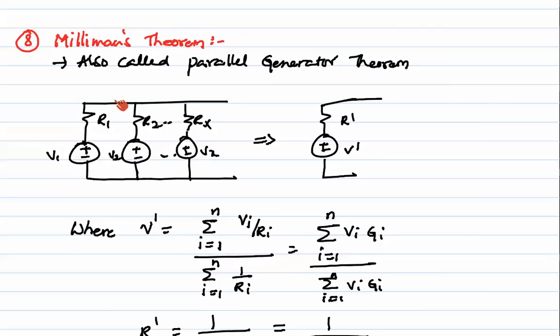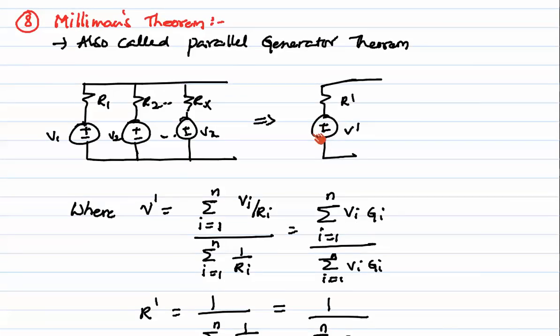Okay, next, Millman's theorem. Millman's theorem is also called the parallel generator theorem, which states that a number of voltage sources in series with resistances connected in parallel can be represented as a single voltage source in series with a resistance. So here V dash is the equivalent value: V dash is equal to sigma i equal to 1 to n Vi by Ri divided by sigma i equal to 1 to n 1 by Ri.